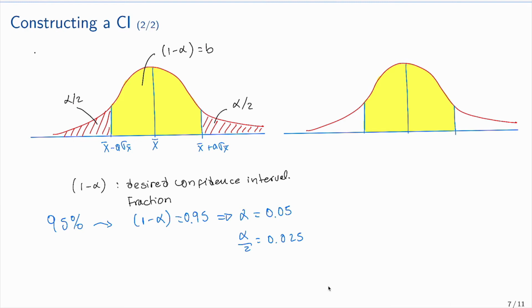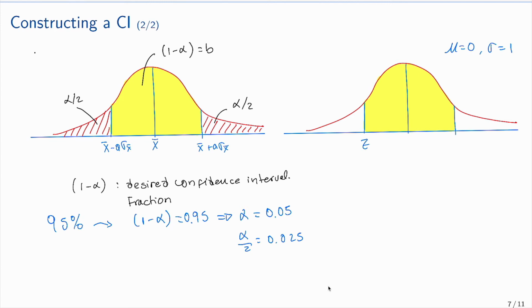To find our interval, we need to relate our normal distribution function to a standard normal distribution function with mu equal to 0 and sigma equal to 1, which is the one that is in the book. For that, we need to convert our x variable into a z variable.